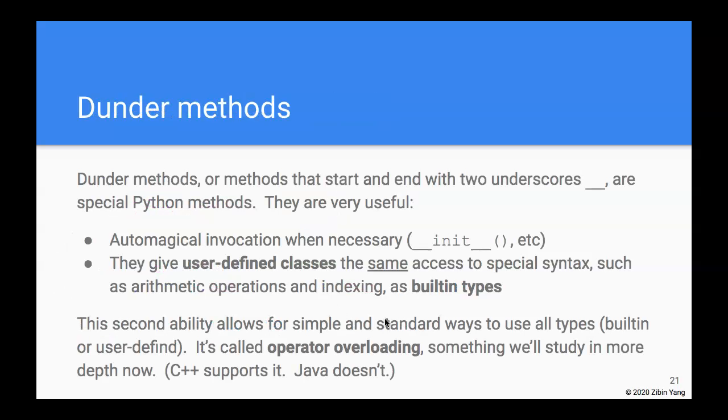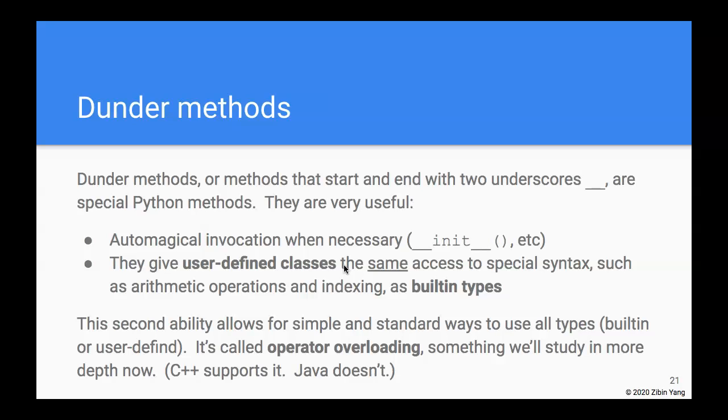So we know these dunder methods are special to Python, and they're useful not only because they can be invoked automatically at the right time, but they also allow all types, whether it's a built-in type or a user-defined type, the same access to some special and simple syntax.